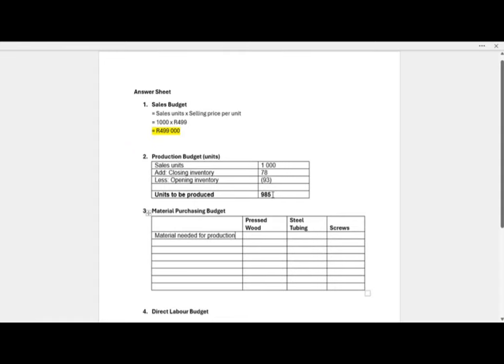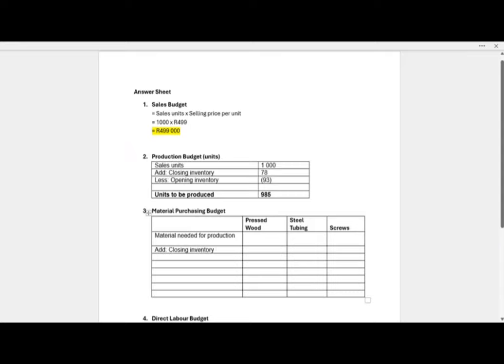So now let's see, because we need to calculate for each. Let's proceed, and then from there we are going to add our closing inventory. Closing inventory for what? For each material: for pressed wood, for steel tubing, and for screws.